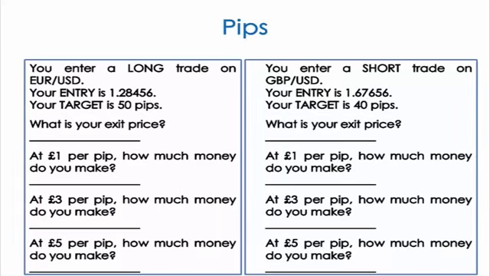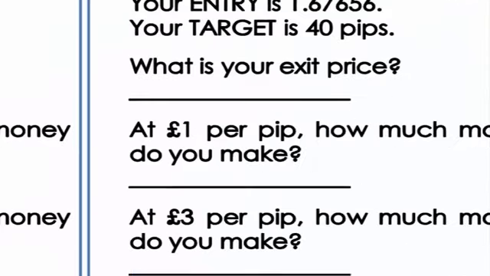If you enter a long trade on the euro US dollar, what are you doing? Well, you're buying that currency pair. And if we buy at 1.28456, let's look at this now.